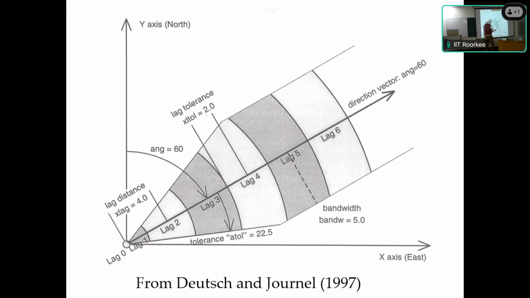Because when we go further up, we may run into the problem that the landscape property changes already. If it does not, then we can just vary this one and let it go further up. But keeping one direction in mind, it's good to have this maximum bandwidth for a certain direction.